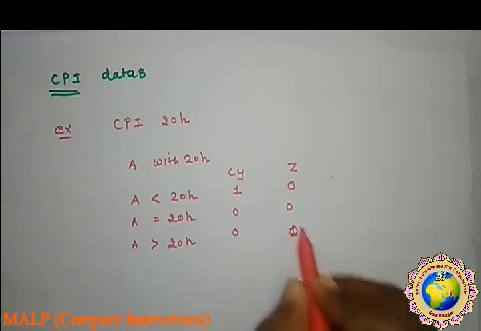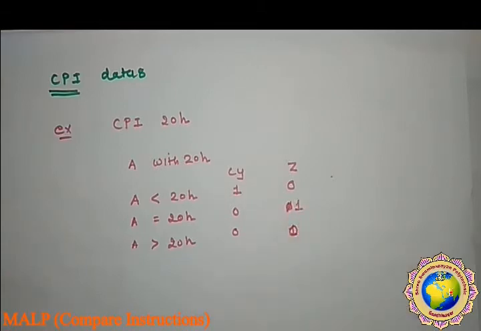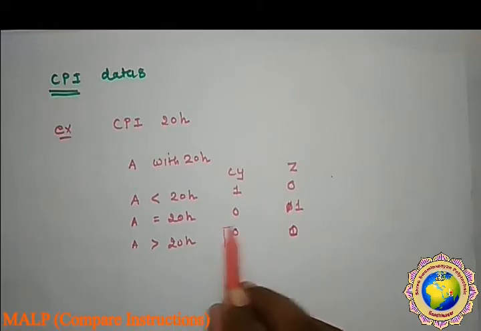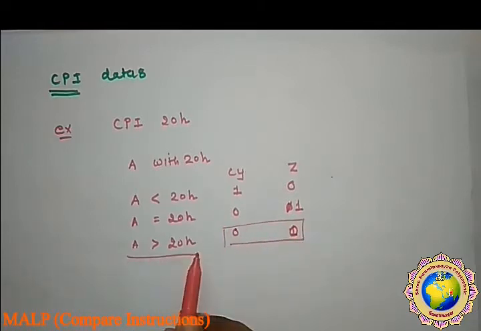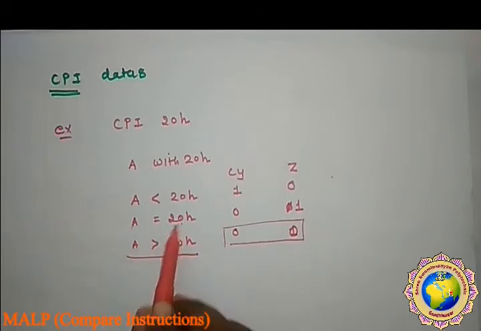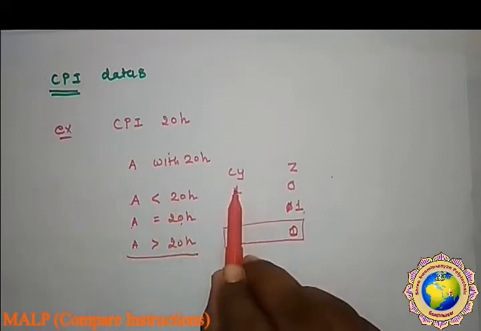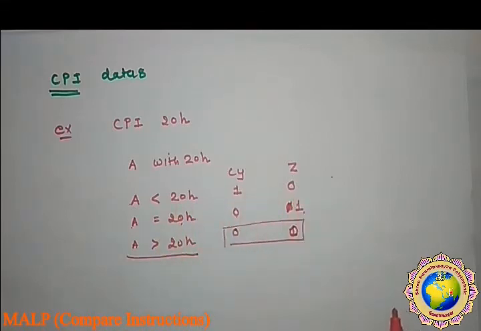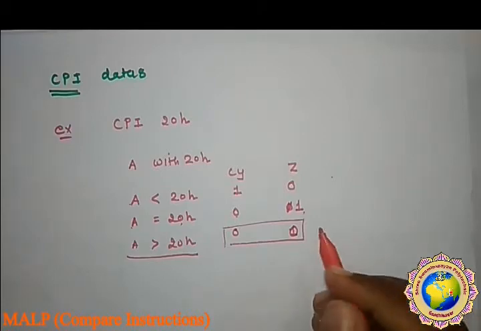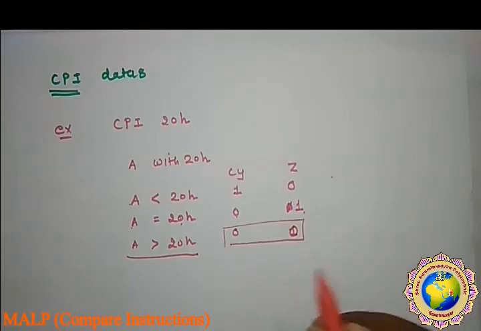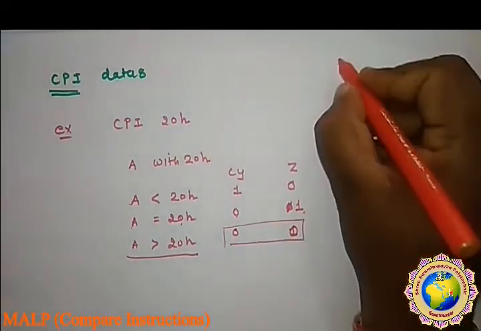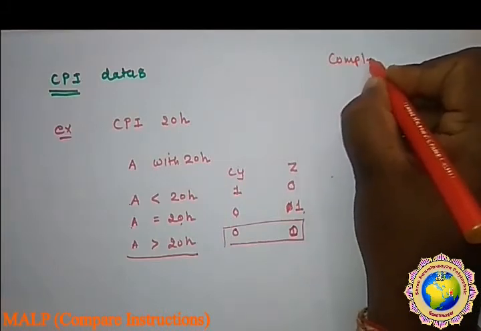So this is the comparison instruction. And the last instruction is complement of accumulator.